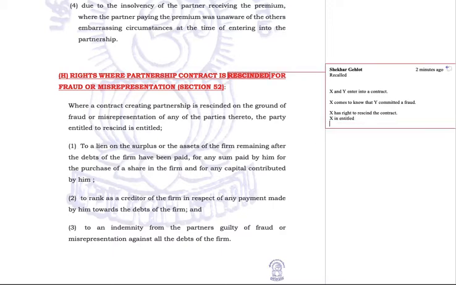X is entitled to a lien. Lien means to retain custody, like we discussed in the Sale of Goods Act. He will have custody of whatever is left after paying off.